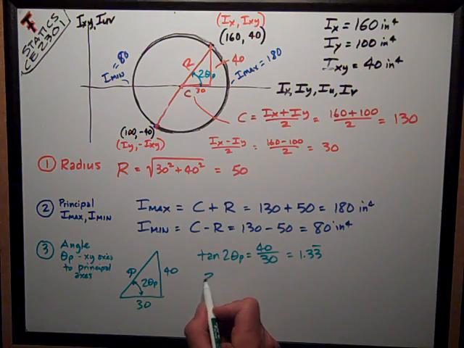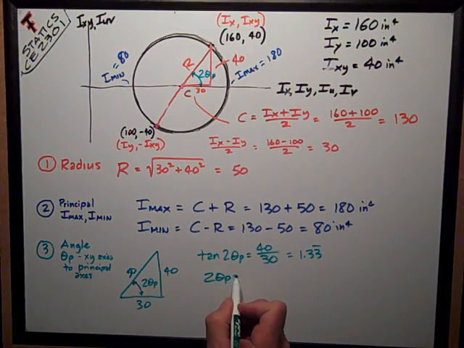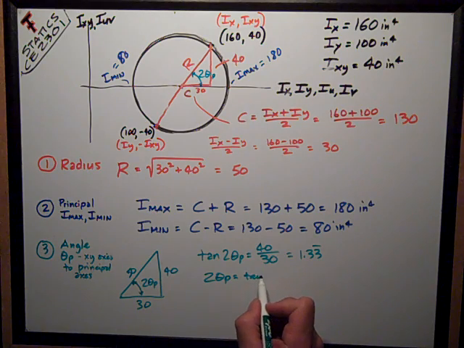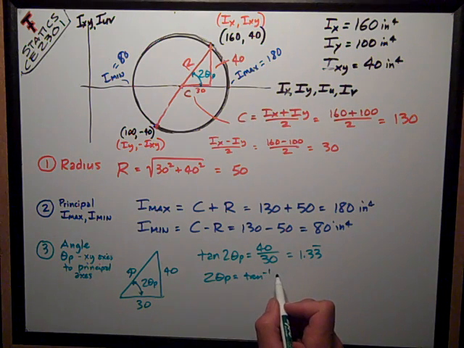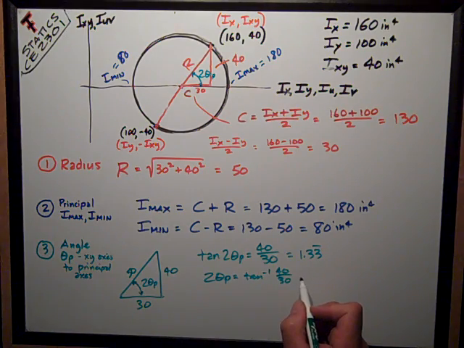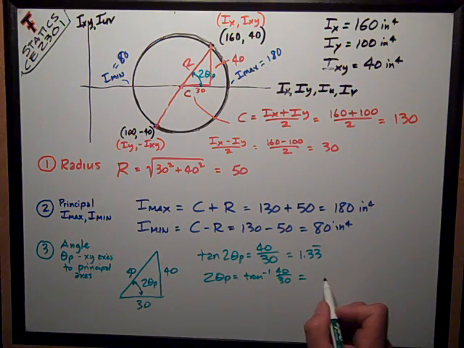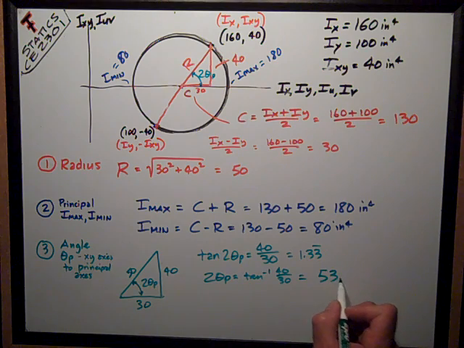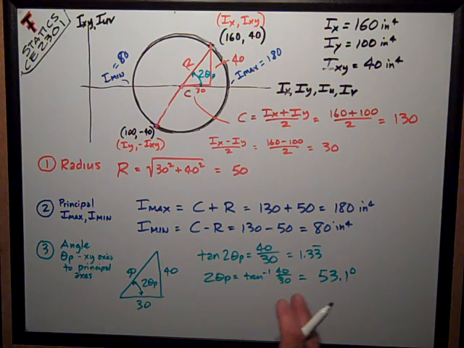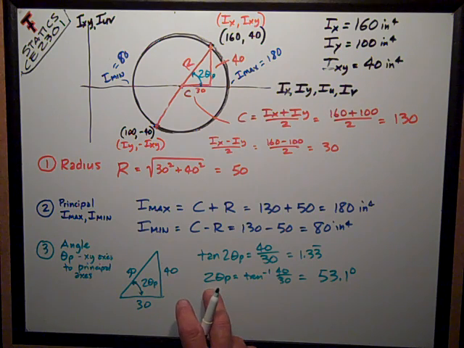So 2 theta p is equal to the tangent inverse of 40 over 30, which is equal to 53.1 degrees. Don't forget, that's twice the angle that I'm concerned with.